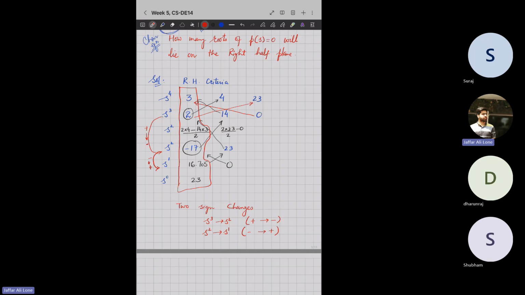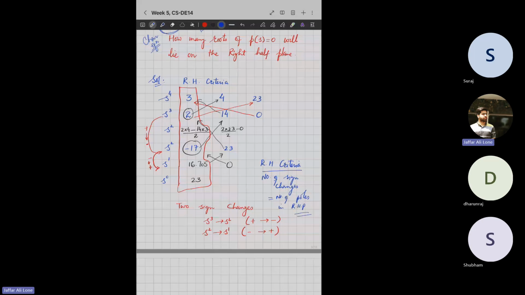The RH criteria says the number of sign changes is equal to the number of poles in the RHP, or the number of roots in the RHP.